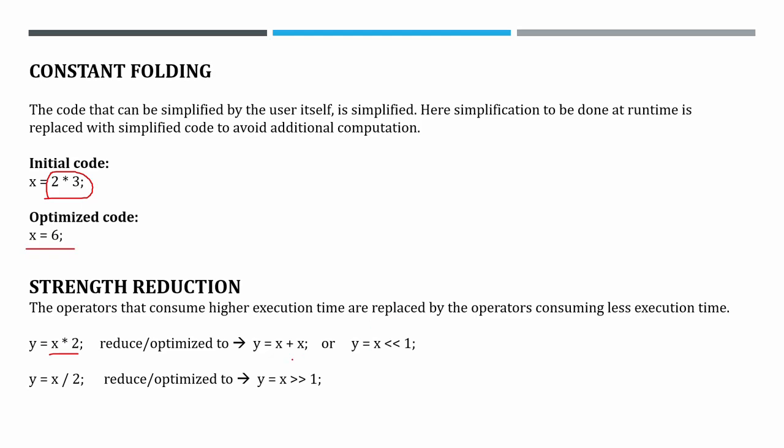So x is equal to x divided by 2 can be replaced with x right shift of 1. Shift operations take less time compared to addition or multiplication. Less time is consumed for shift operations. After that, arithmetic operations like addition and subtraction, and then multiplication and division, consume more time. So wherever it is possible, we can reduce the code here.